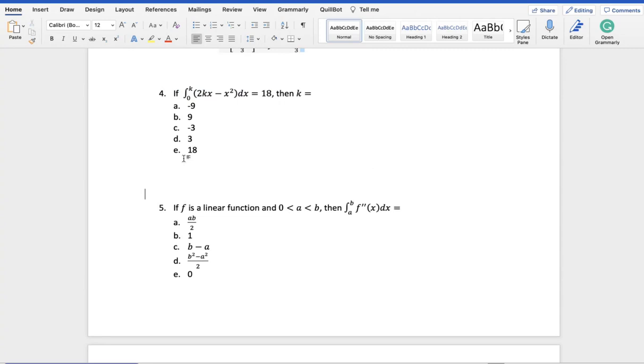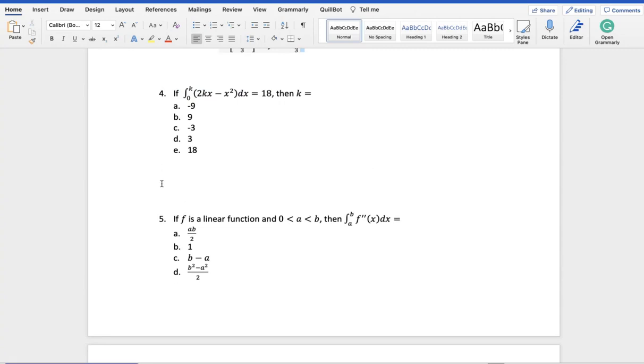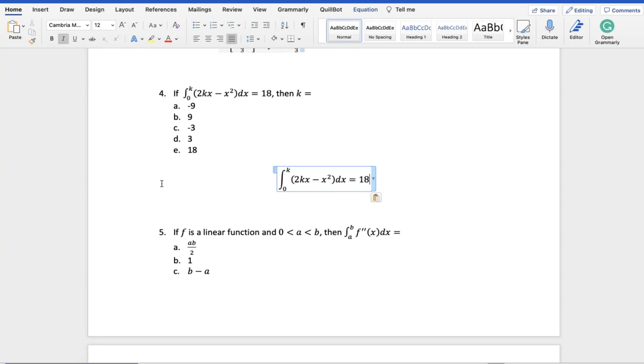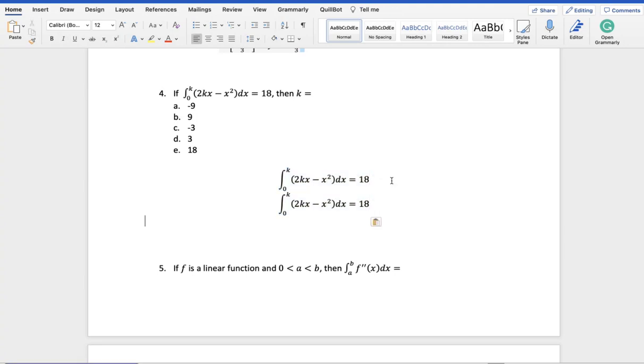Okay, so moving on, we have that the integral of 2kx minus x squared dx, evaluated between 0 and k, is equal to 18. What is the value of k? Off the top of your head, you can already think that what you have to do here is first integrate the left-hand side.